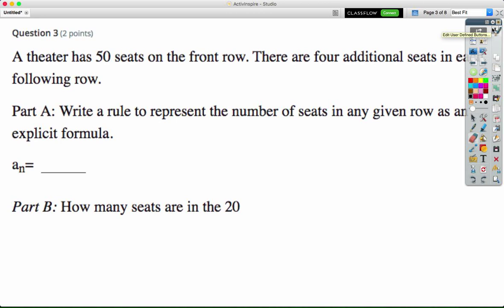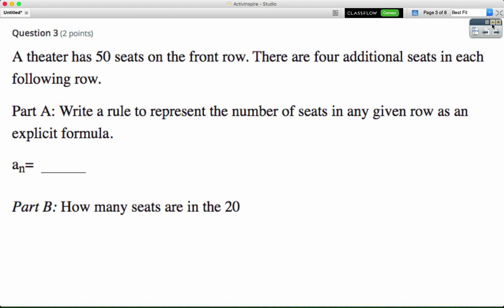So question number 3 says, a theater has 50 seats on the front row. There are 4 additional seats in each of the following rows. Part A, write a rule to represent the number of seats in any given row as an explicit formula. So a sub 1, our first number in the pattern, would be 50, and 4, adding 4 each time, would be our common difference.